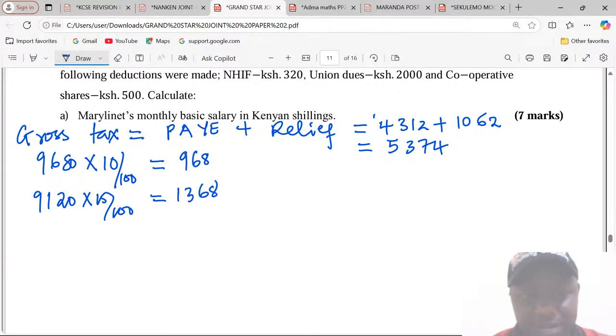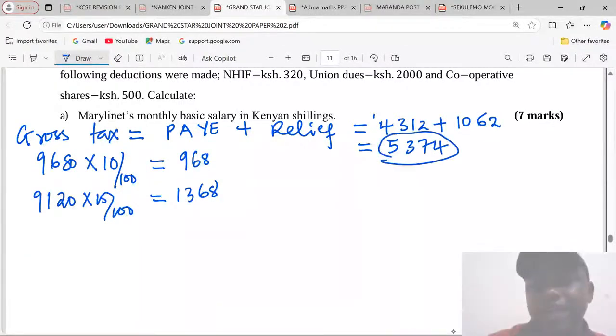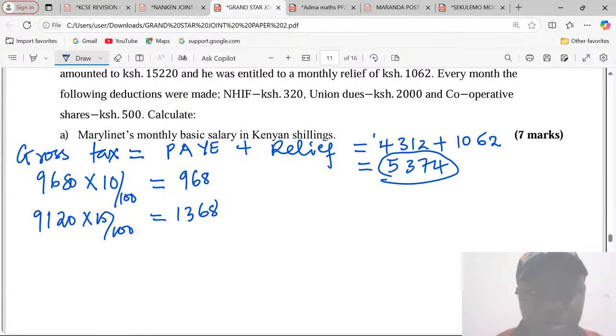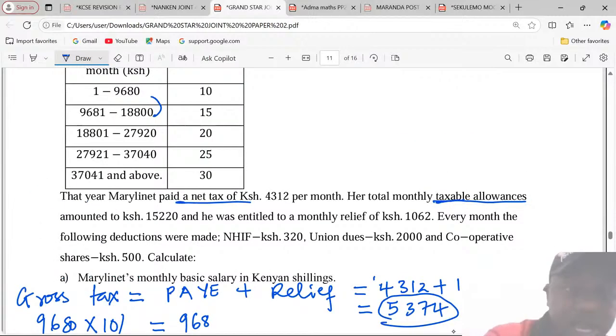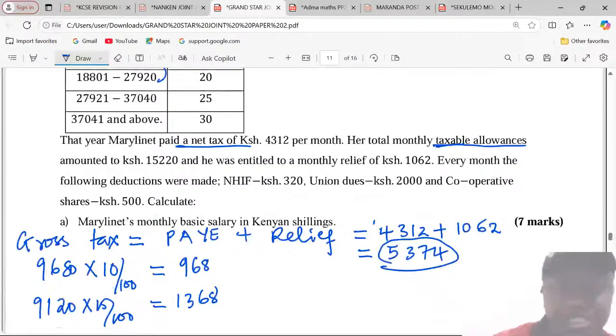Now, when I look at the first tax and the second tax, they are yet to give us 5374. So we proceed with our taxation and we have to take 27,920. We subtract 18,800 to give us 9120 at the rate of 20%.